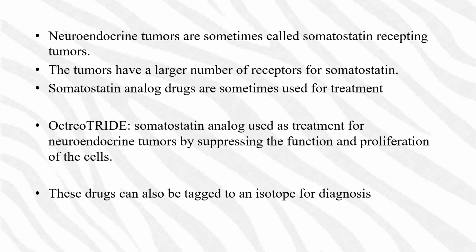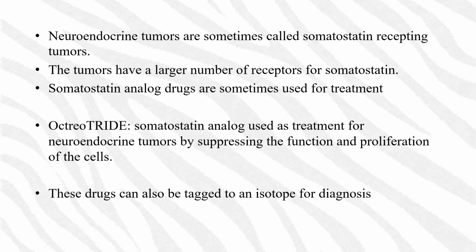Somatostatin analog drugs are sometimes used for treatment of neuroendocrine tumors, or at least for control of the patient's symptoms. Octreotide is a somatostatin analog that is prescription, used for treatment of neuroendocrine tumors. It essentially blocks those receptors and suppresses the function and proliferation of the cells.